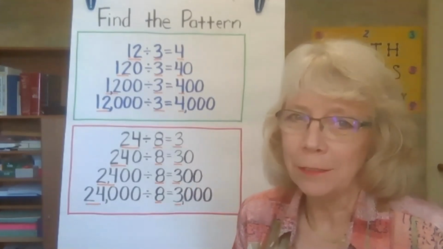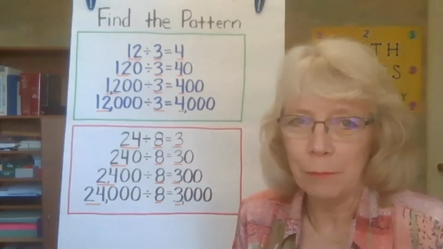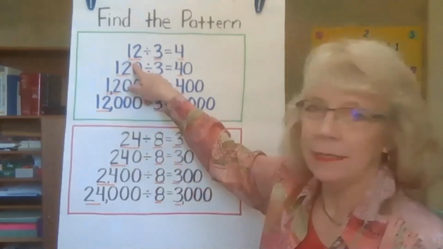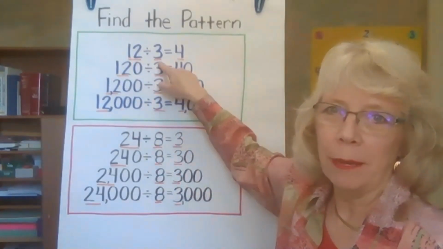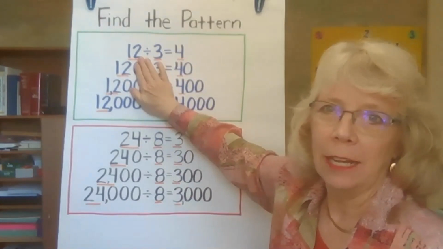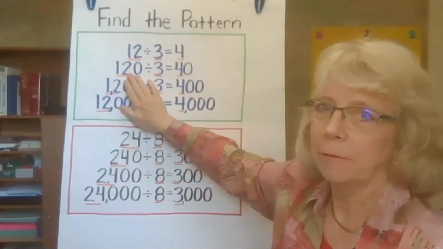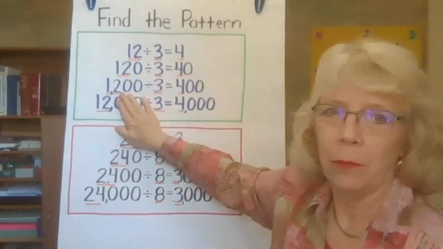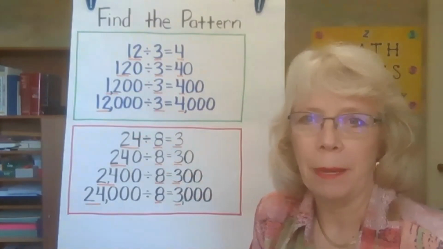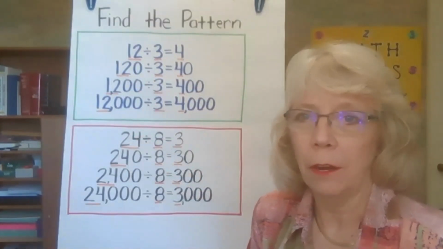Those of you that have had me in class know that I ask students to let me know lots and lots of patterns that they see, but one is the basic fact of 12 divided by 3 equals 4 shows up in these underlined numbers. If I cover up the zeros, that basic fact is showing up. Again, down here with 24 divided by 8 equals 3, that basic fact shows up over and over again.